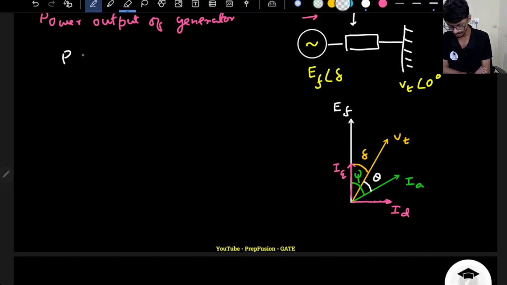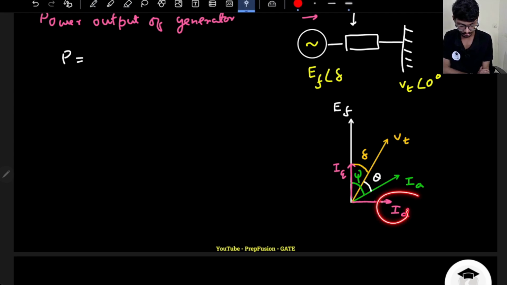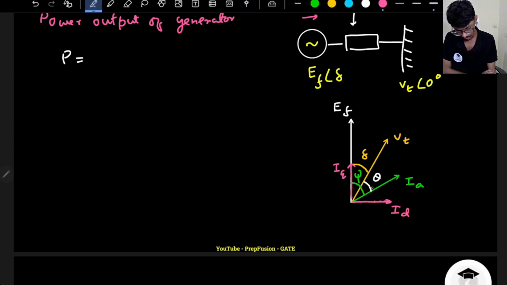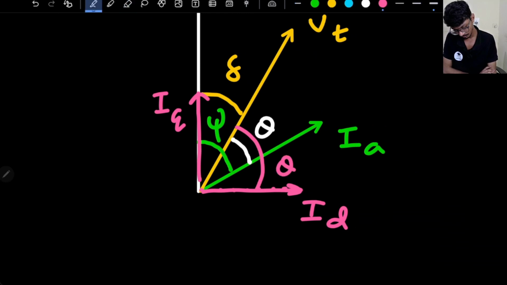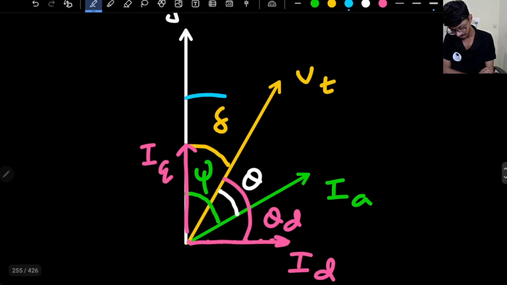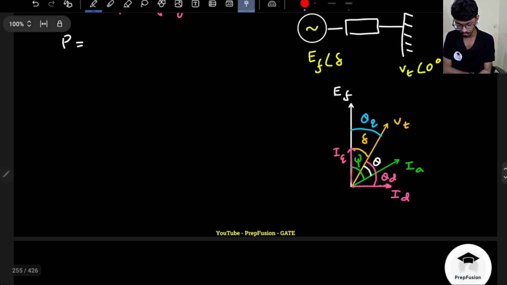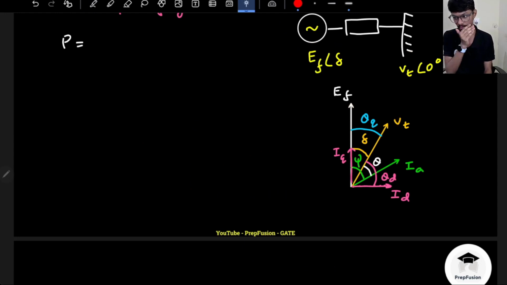So this time my power will be an addition. This current will have some angle, theta d. What is this theta d basically? Let me write theta d for now, and this will be the angle between the voltage and current, theta q. Remember, cosine will always be positive because theta is between minus 90 to plus 90.